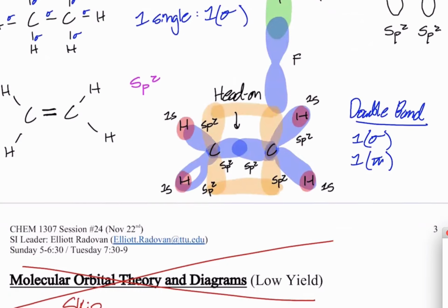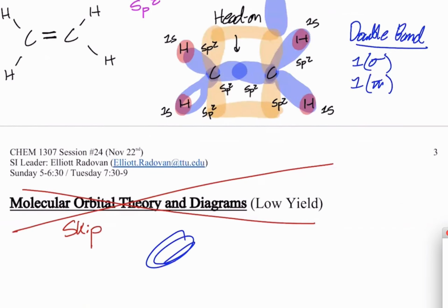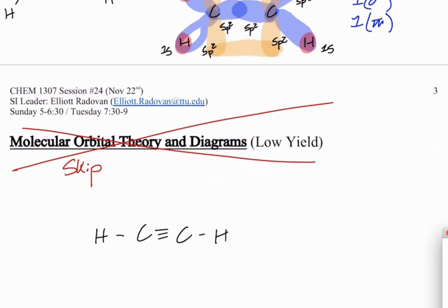Okay. So now let's use one last example, and I'm going to draw it down over here since we're going to skip this part. So now let's use CHCH. Okay.